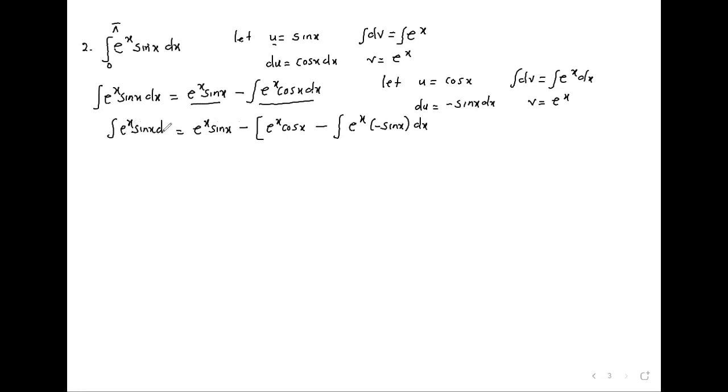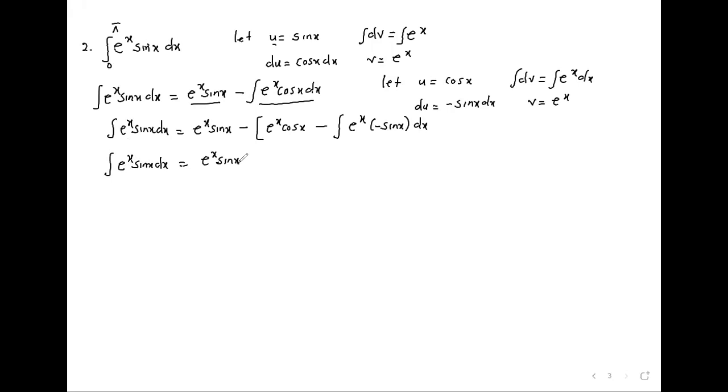So we have seen something which looks like this thing we have here has appeared on the right. When such a thing happens, you stop integrating. You work out things. So this is the integral of e^x sin x dx is equal to e^x sin x.